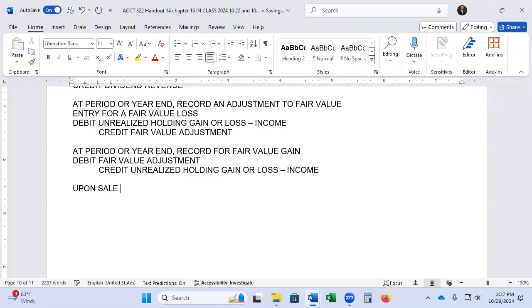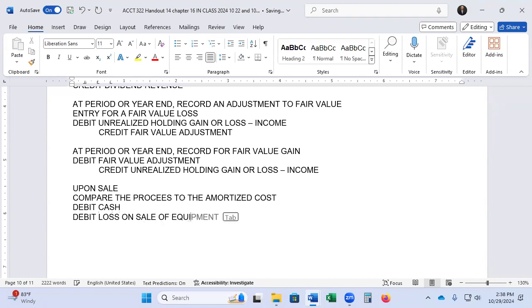Upon sale, compare the proceeds to the amortized cost. And so you would debit cash. And if you had it, you'd have a loss on sale of equity investments.